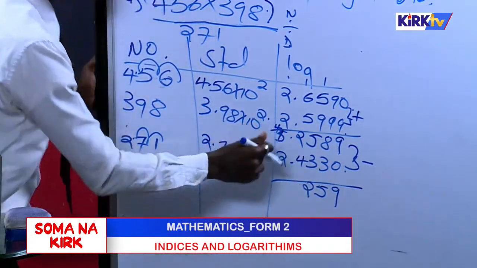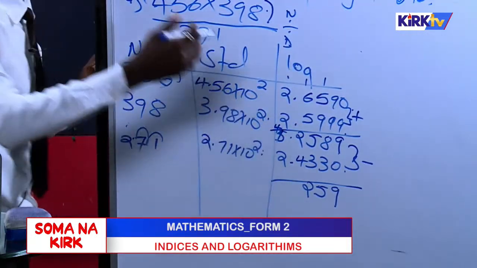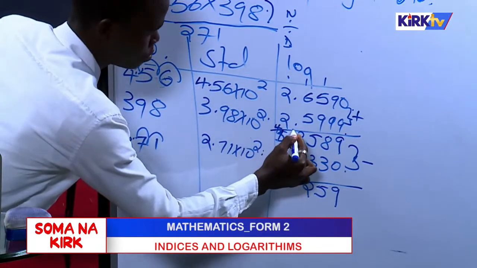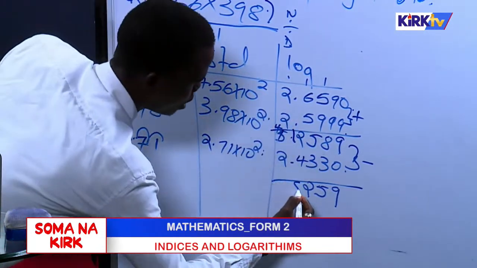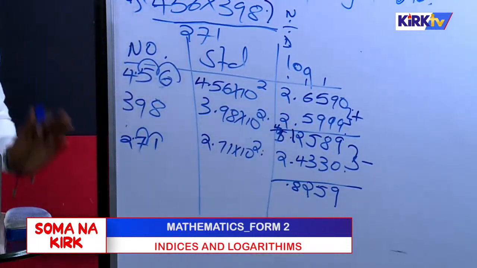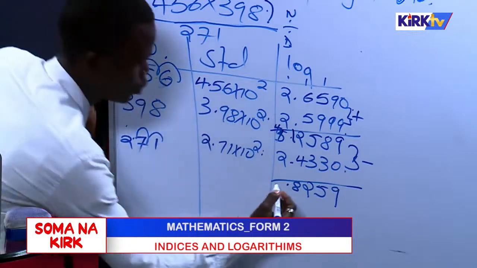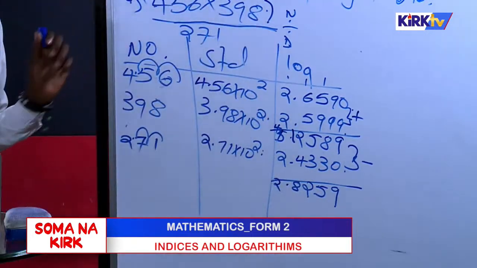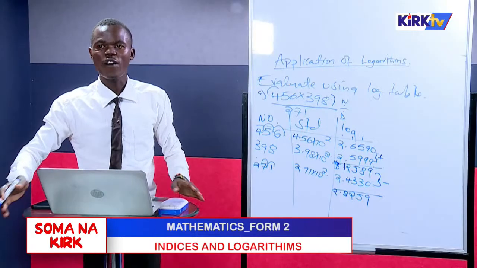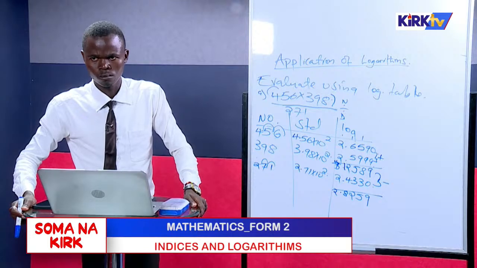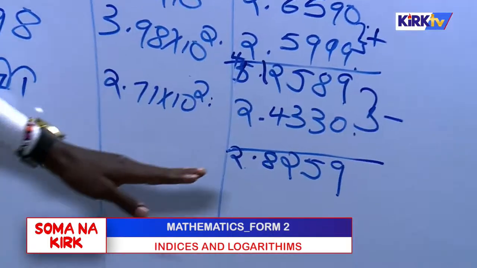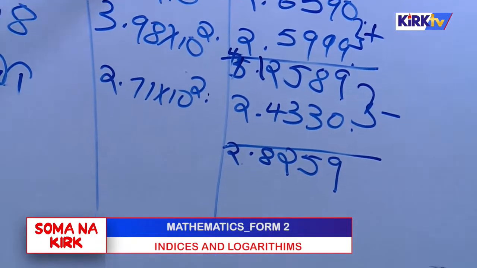This is 4; if it crosses to the other side it will be 10. So now it will be 10 plus 2 to give you 12. So 12 minus 4 will be 8. You have the decimal point. Remember, here we had taken away one, so it will be 4 minus 2, which will be 2. And our answer will be 2.8259. This is the value of working out this.